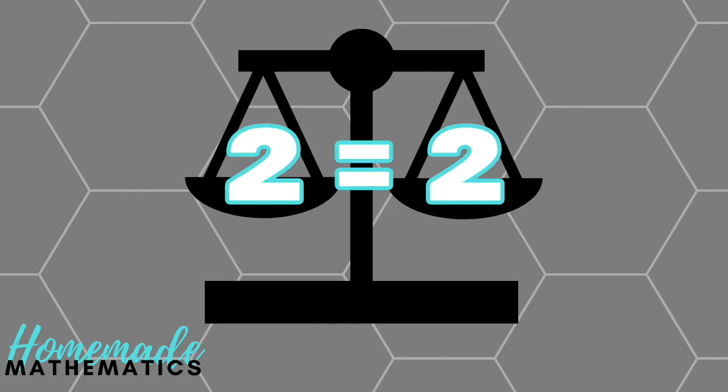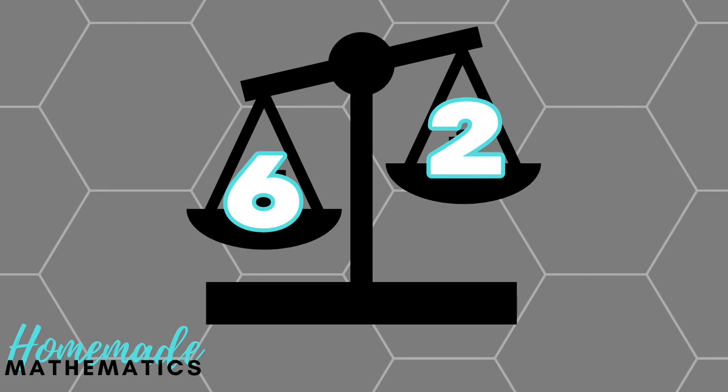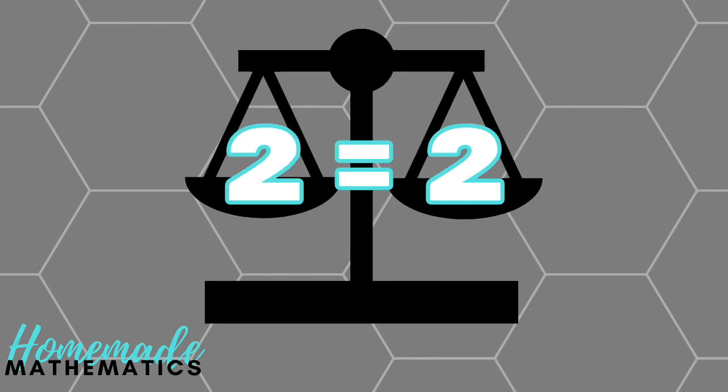This works the same with our other operations as well. If I multiply by 3 on one side, I now am unbalanced, and to get rid of it, I would divide by 3. So to undo things in an equation, we're going to do the opposite operation.